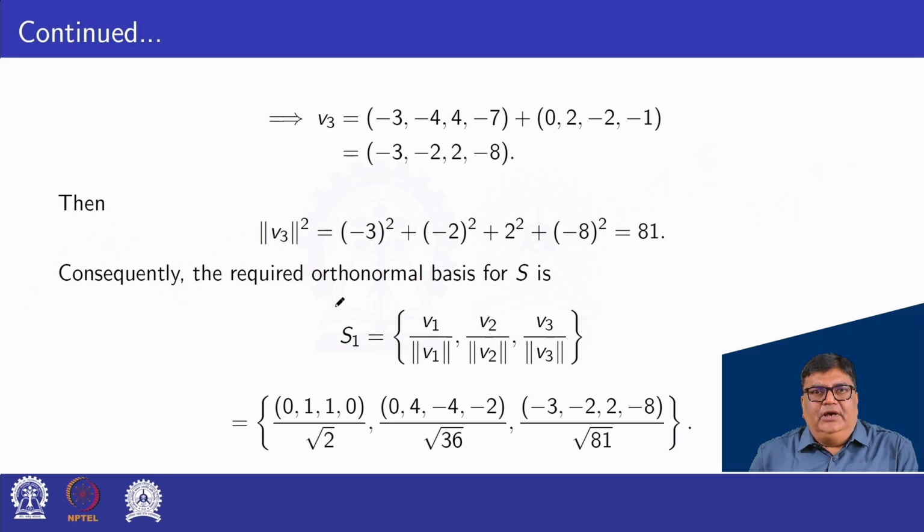Consequently, the required orthonormal basis for S is the set V1 upon the norm of V1, V2 upon the norm of V2, V3 upon the norm of V3. That is, W1, W2, W3, which is this one.